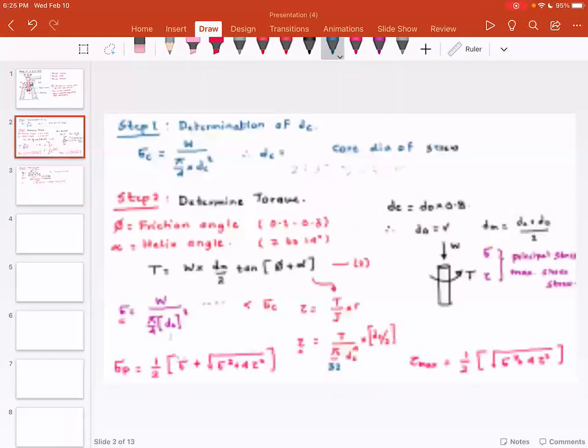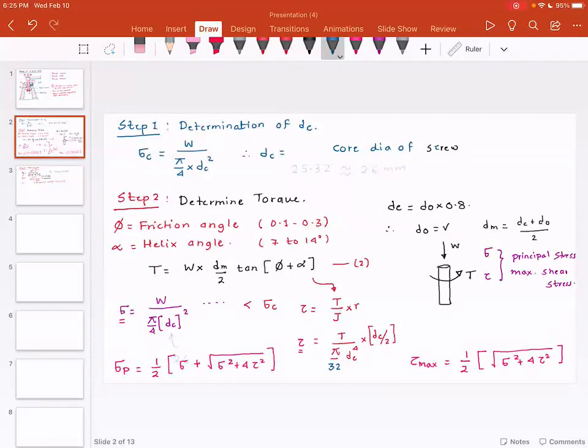And now to find out, so here in step 1, you already know the value of DC and DO. The pitch is approximately DO minus DC. So I need to explain this a little bit. So if you look at the screw, it is going to look like this.